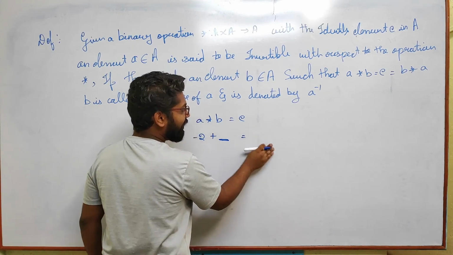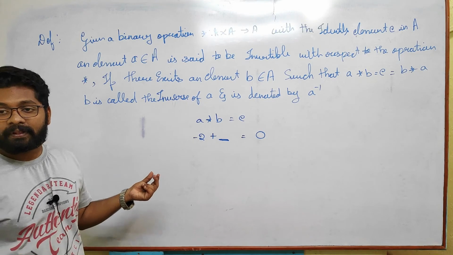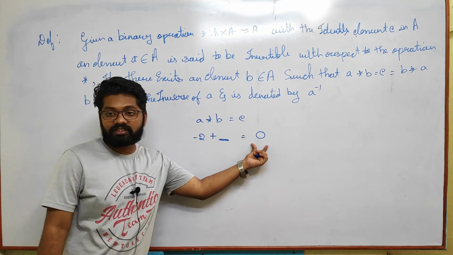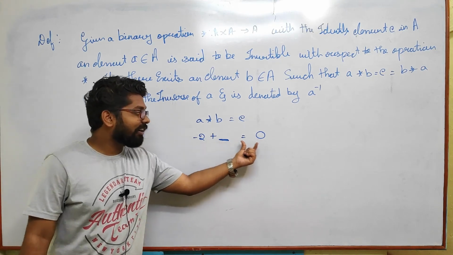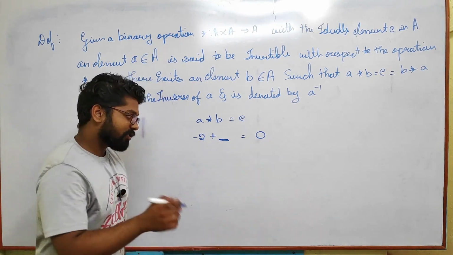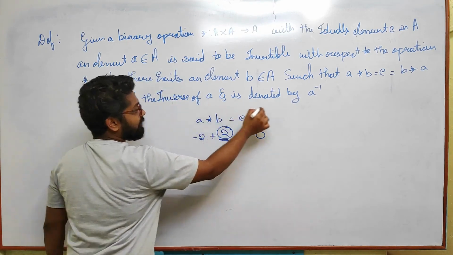In addition the identity element is 0, so your answer should be 0. So for -2, which number gives 0? +2.